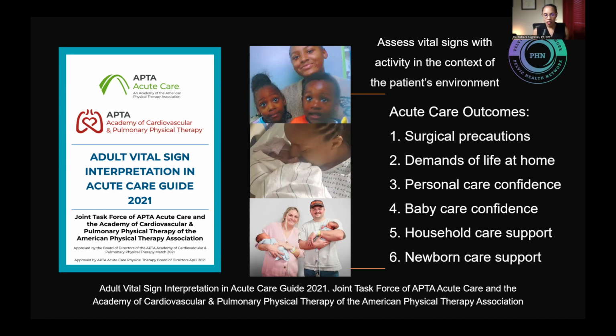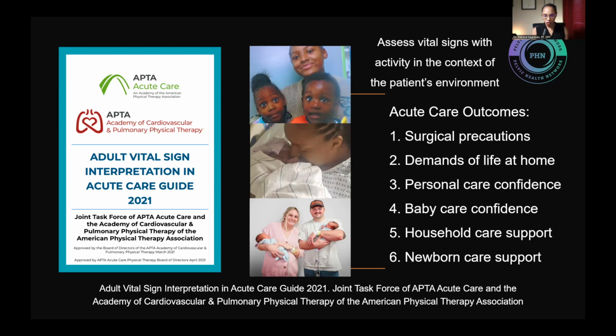That means nothing if that person is a single parent with an apartment on the second or third story, who may need to carry their baby in a carrier up and down those stairs, or go to the first pediatrician visit within the first week. That's where our acute care outcomes really need to be specific on the maternity unit to those contextual factors, the personal and environmental factors that our patients are returning home to.